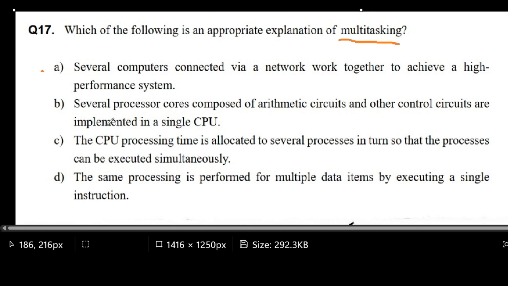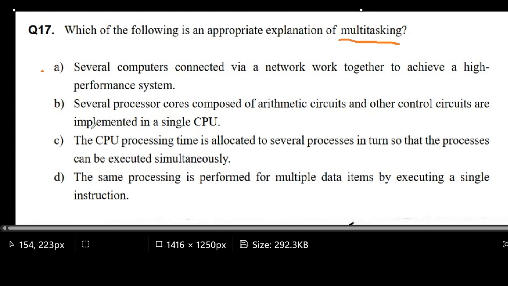I think we need to move on to the next letter, and then from there we can choose if, for example, the one that I said, letter A, seemingly an okay answer. If we find another choice that has maybe a much better explanation for what multitasking would be, then we choose that one.